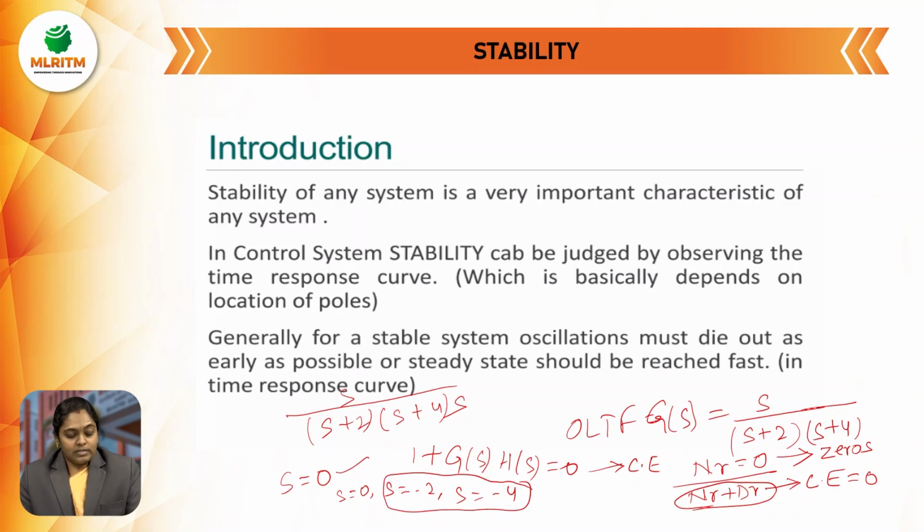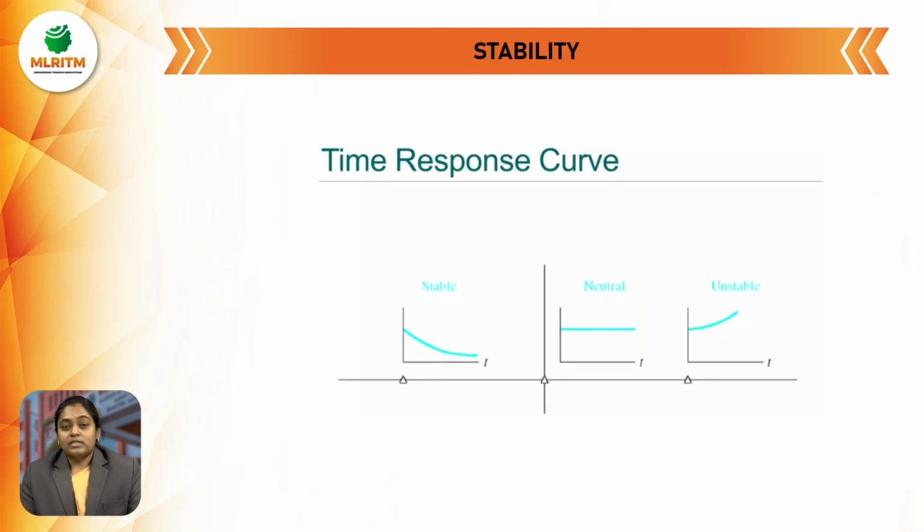Or in other words, I can explain the concept of stability in such a way that I'll be giving some sort of input to a system and I'll be getting some output. If the output response is measurable, in both minimum and maximum values, then look at the first figure.